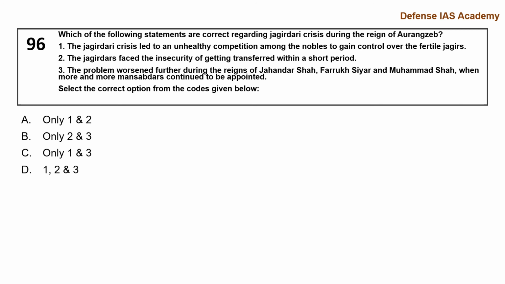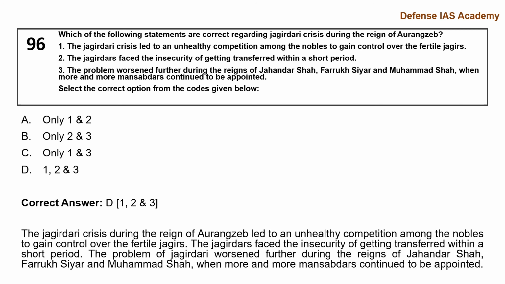The problem worsened further during the reigns of Jahandar Shah, Farrukhsiyar and Muhammad Shah, when more and more Mansabdars continued to be appointed. Select the correct option from the codes given below. The correct answer is option D, 1, 2 and 3.